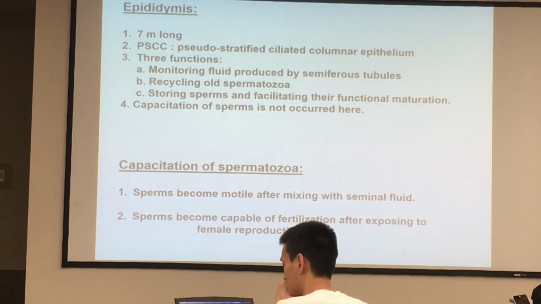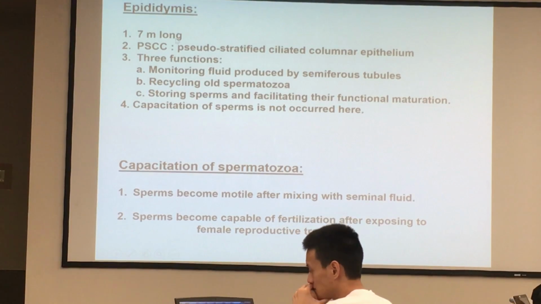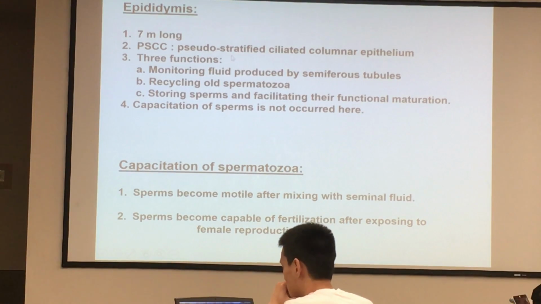It's the place to temporarily accumulate the sperm and continue to send it out. A lot of curves, actually very long. When we put it together, it's 7 meters, longer than a human body size. The epithelium cell is PSCC, pseudostratified ciliated columnar. They have cilia to move the sperm.